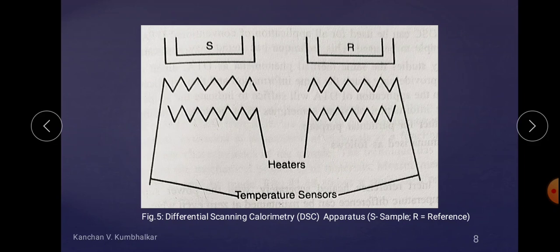They are placed in different boxes or different heater format. So these are the heaters, and this is a DSC apparatus where S is the sample, R is the reference, and these are the sample holder and the reference holder. So this is the diagram for the apparatus of the DSC.